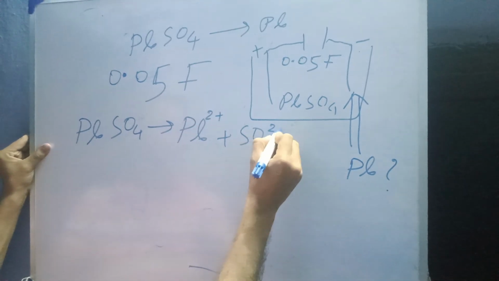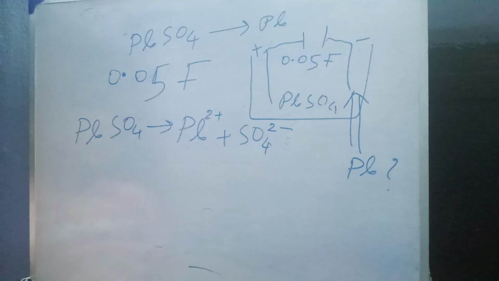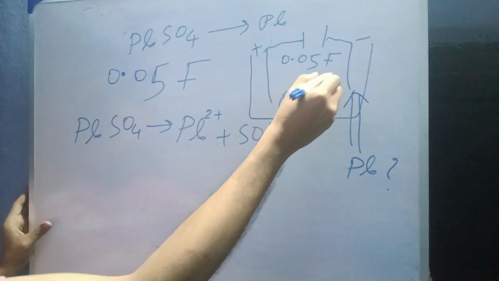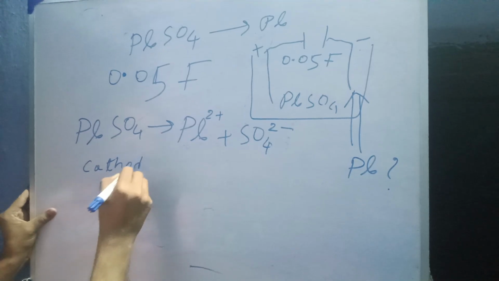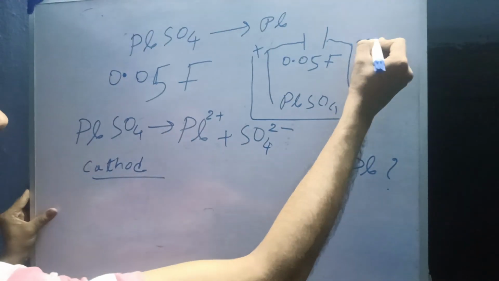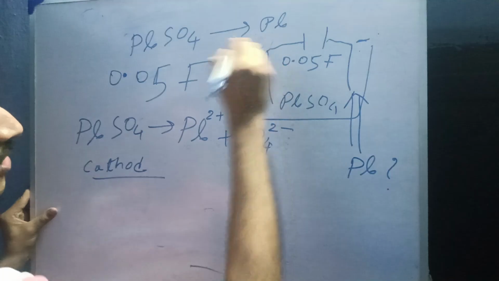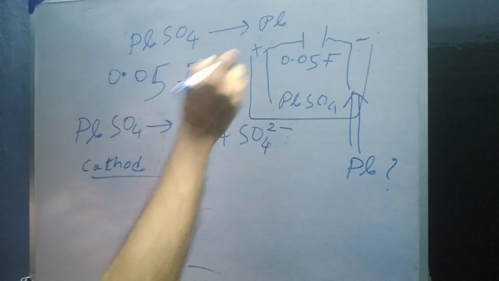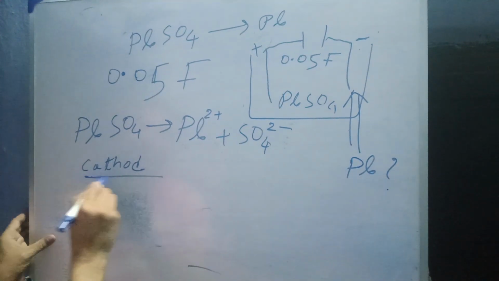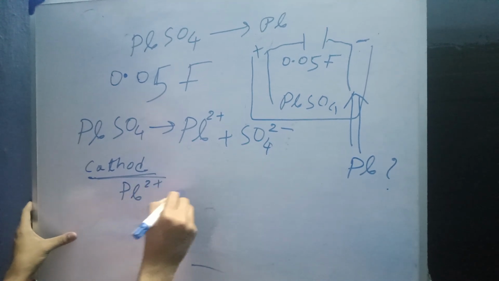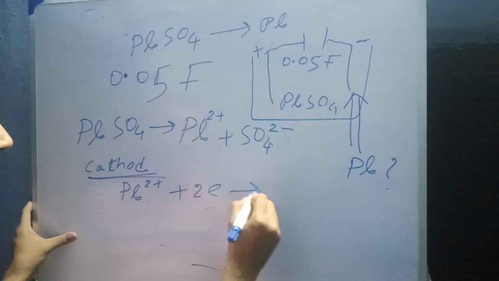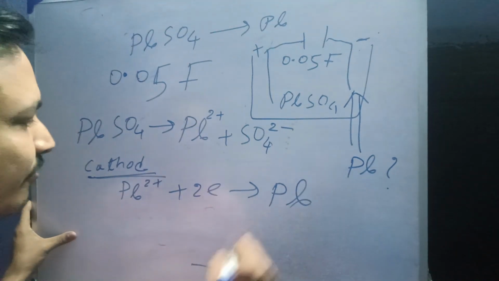In the cathode, that is the negative electrode, it is called the cathode, and the positive electrode is called the anode. Now at the cathode, Pb2+ plus 2 electrons gives lead.